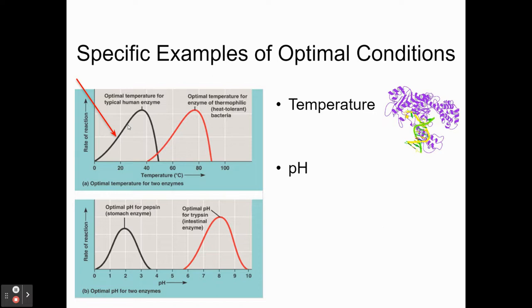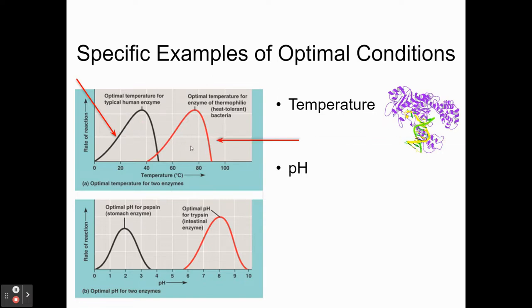So if the substrate's moving around and the enzyme, let's say it's bound to a cell membrane or the internal membrane of a cell organelle or something of that nature, it's still random movement. And when temperatures heat up, that movement becomes faster, meaning that an enzyme substrate contact will be more likely to occur at warmer temperatures.